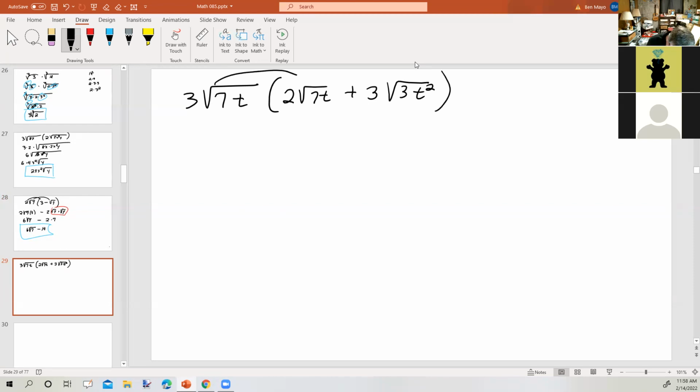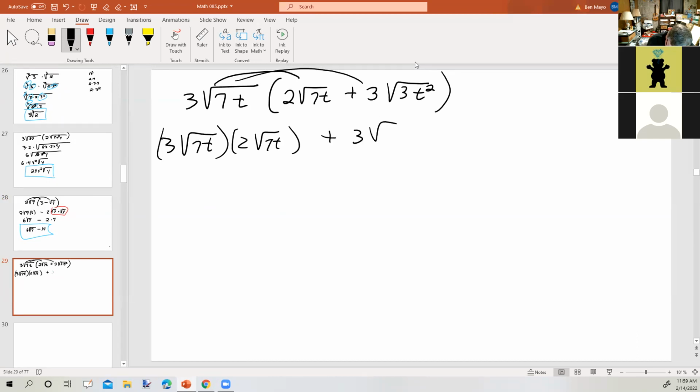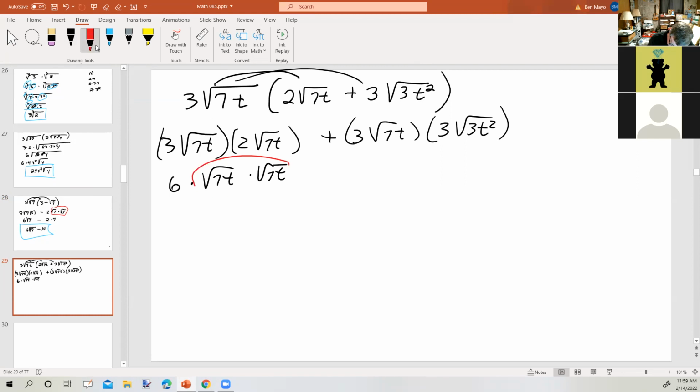So distributing, I get 3 square roots of 7t times 2 square roots of 7t plus 3 square roots of 7t times 3 times the square root of 3t squared. This is 6 times the square root of 7t times the square root of 7t, but isn't that just 6 times 7t or 42t?